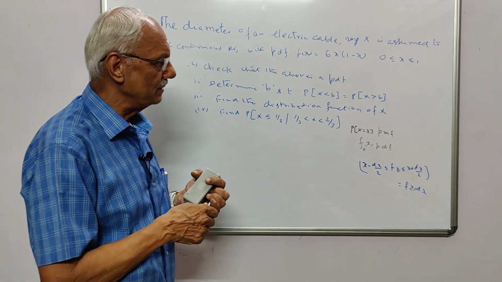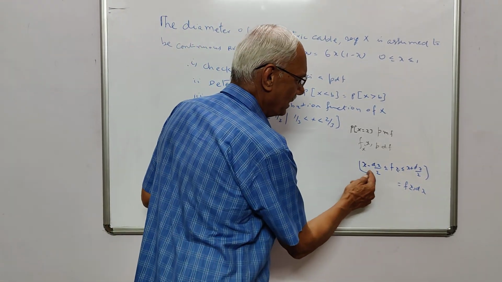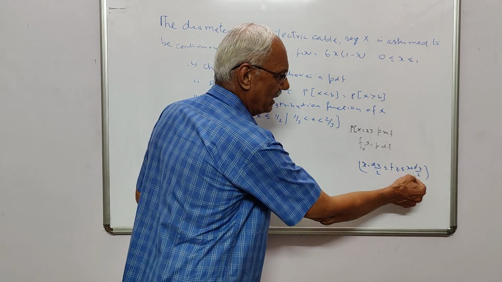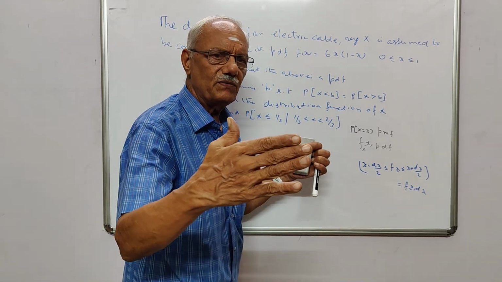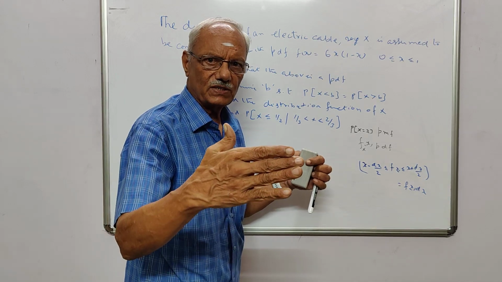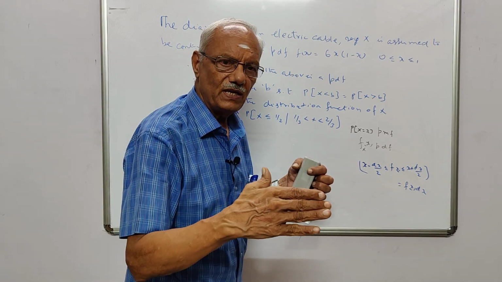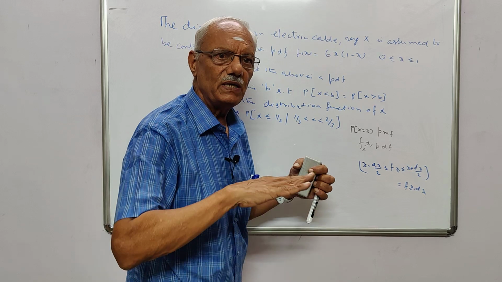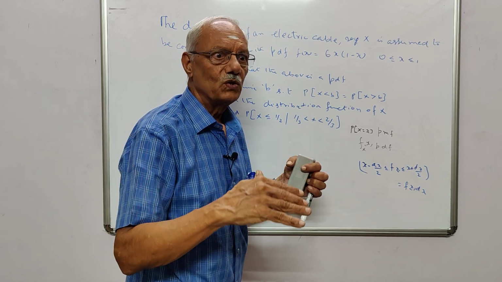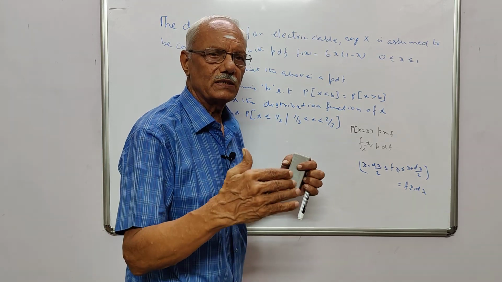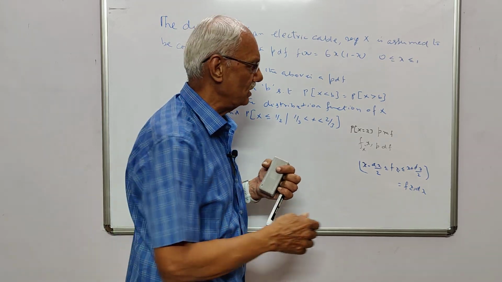Between x minus dx by 2 and x plus dx by 2, a small interval we have taken. Like that we can have any interval of any size, and f of x will be taking values on that interval. Such a function will be called a probability density function.